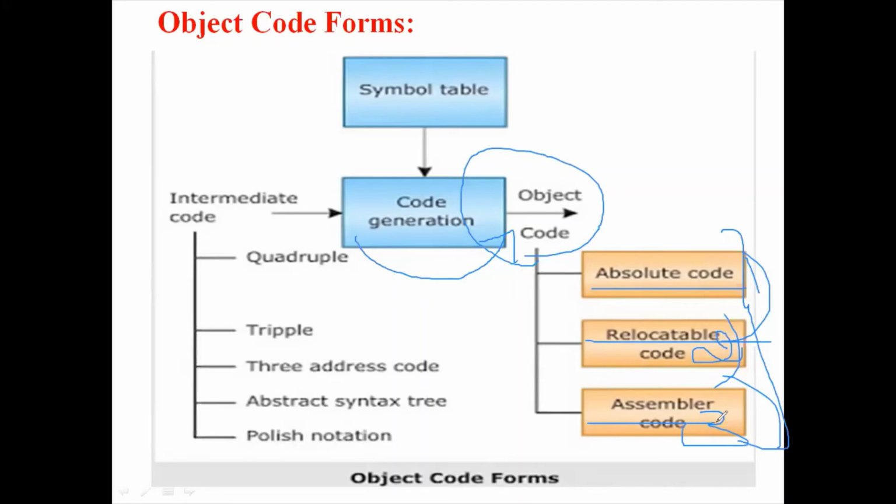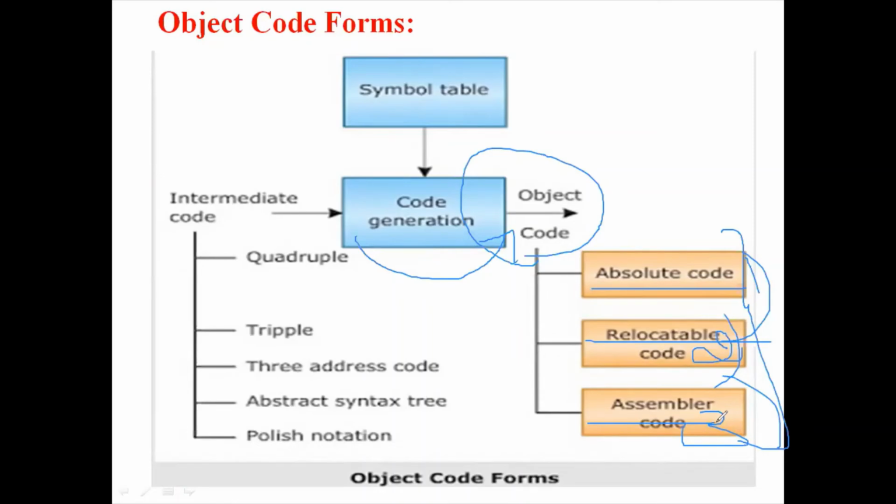The output of the code generation phase should be object code or machine code, and this object code normally comes in three forms: absolute code, relocatable code, and assembler code.